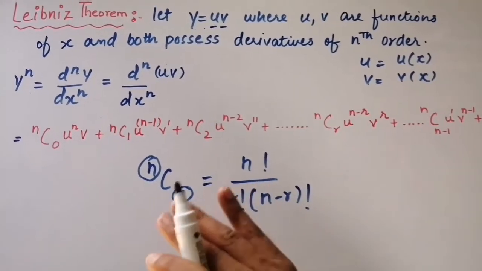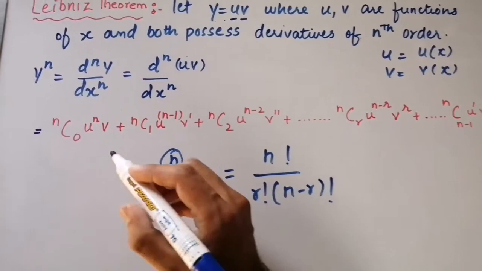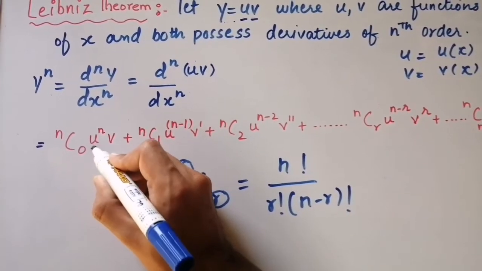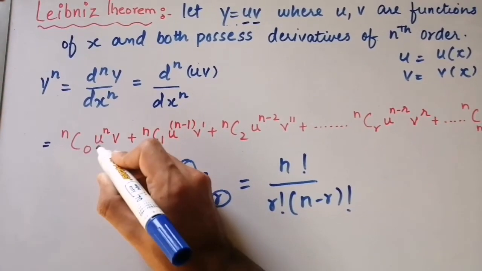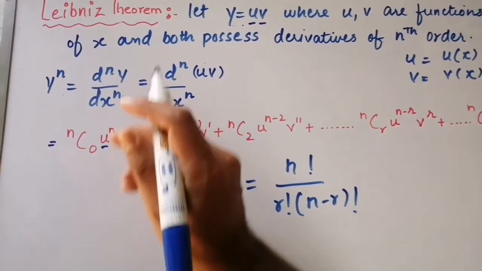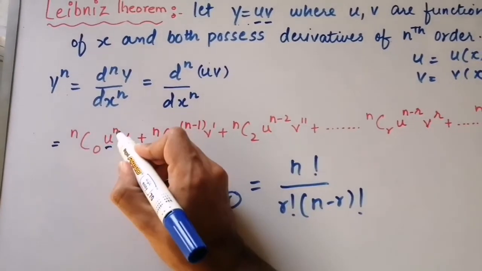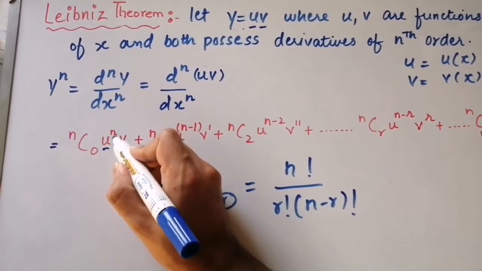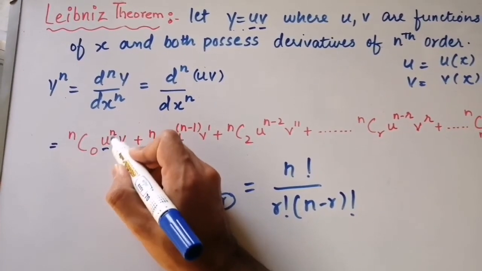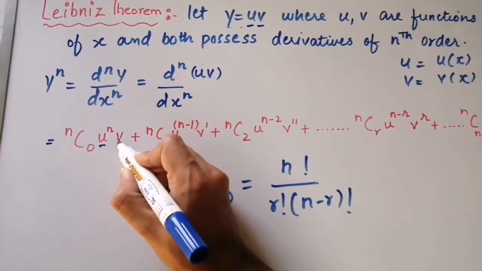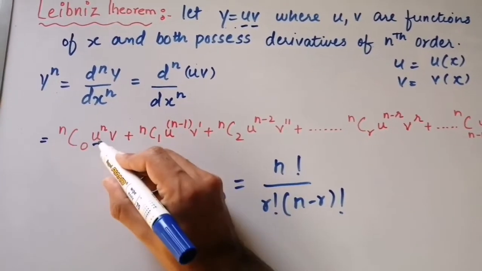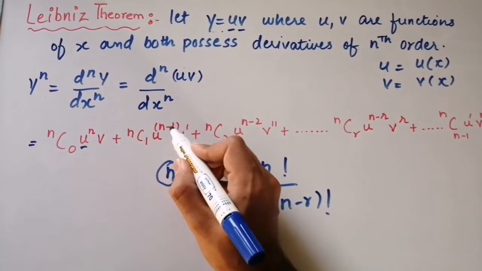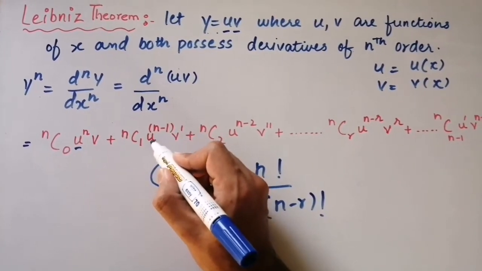After covering these C's, we will move towards u and then v. First start from u. So un is basically the nth derivative of the first function u. Here n represents the nth order derivative of function u, and v is a simple function. In a similar fashion, un minus 1 represents the (n minus 1)th derivative of u, and so on.